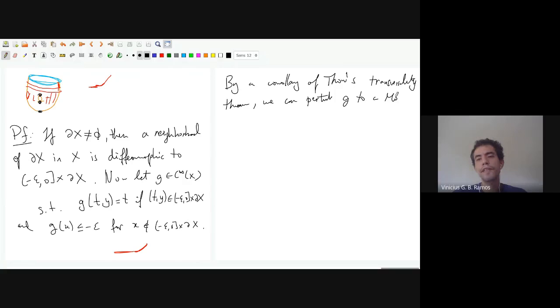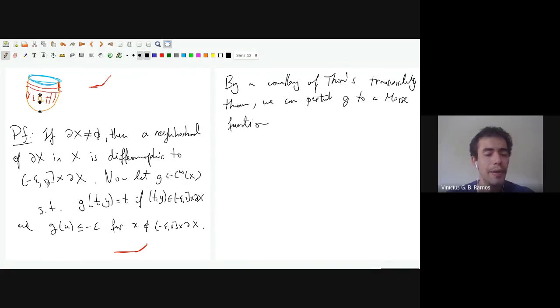Remember, we had seen a little while ago that being Morse was equivalent to a transversality condition, to being transverse to S1, which we defined in the one-jet space. So we proved that. So we can perturb, by the Thom transversality theorem, to a Morse function so that it actually is constant near this part here.